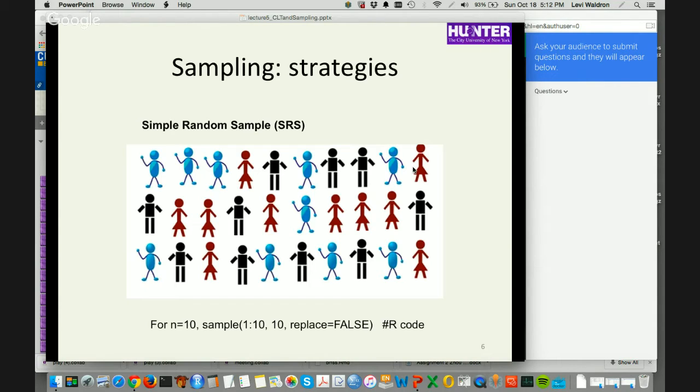All this is, is we have our target population, our list of records, and we simply choose from them at random. We would normally use a random number generator in order to do this. And in R, there's a function called sample. In any programming language, there are random number generators that we could use.